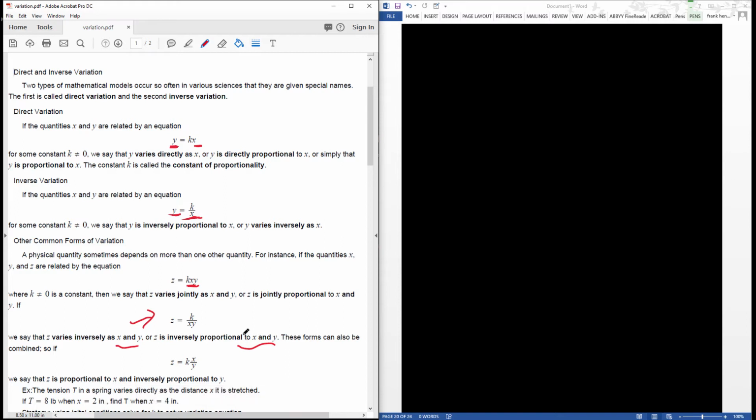What it's saying is that as the product of x and y gets larger, z gets smaller. As this product of x and y gets smaller, z gets larger. There's an inverse relationship here.